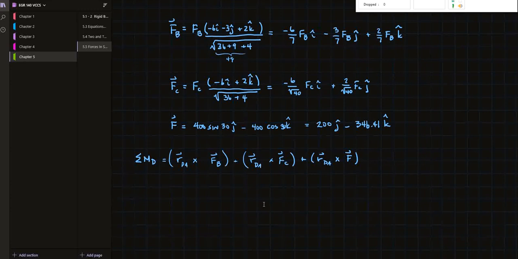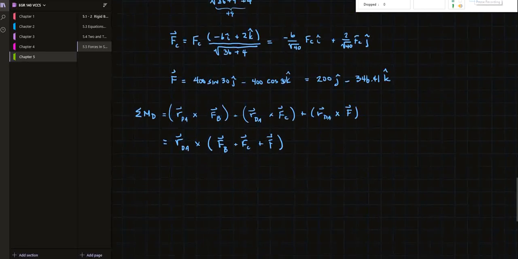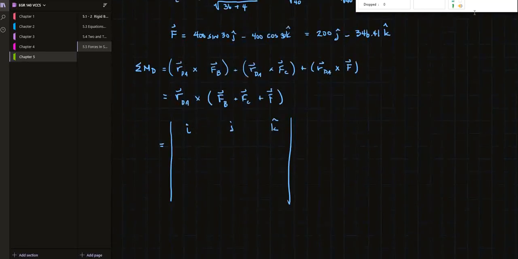So I can actually do some simplification here. RDA distribution, pull this out, cross FB. So I can just add these vectors, FB plus FC plus F. We'll make that work in the determinant. Well, RDA is just 6i, so there is no j or k component to that.